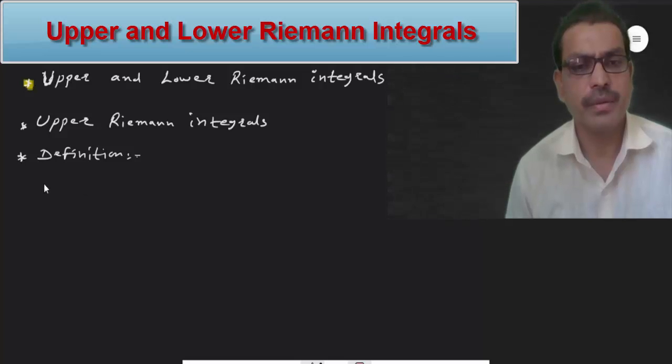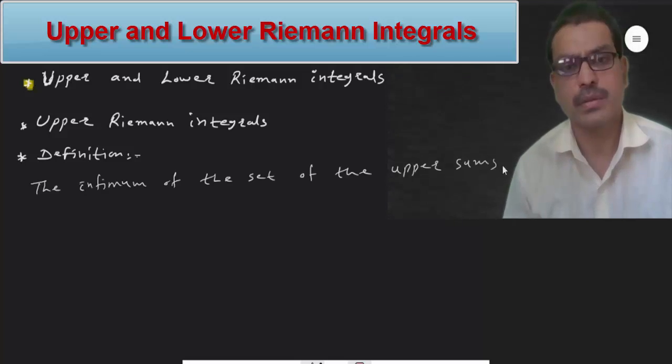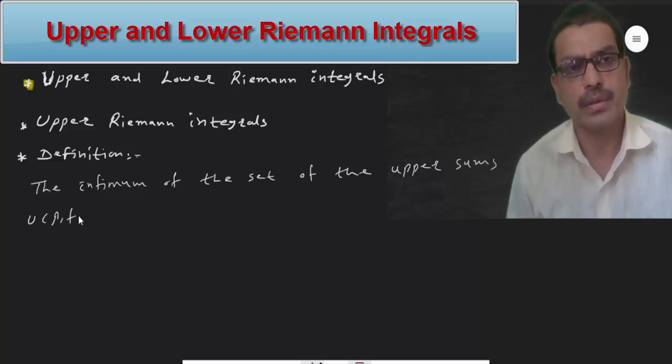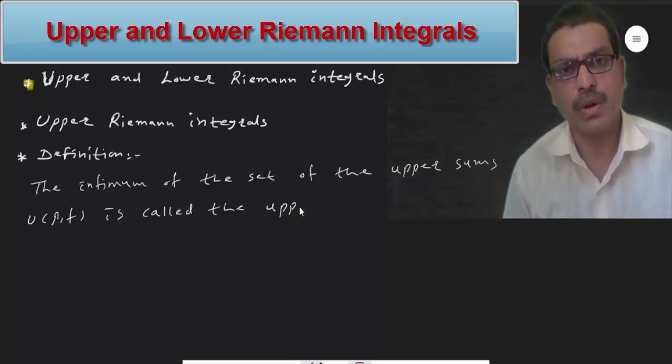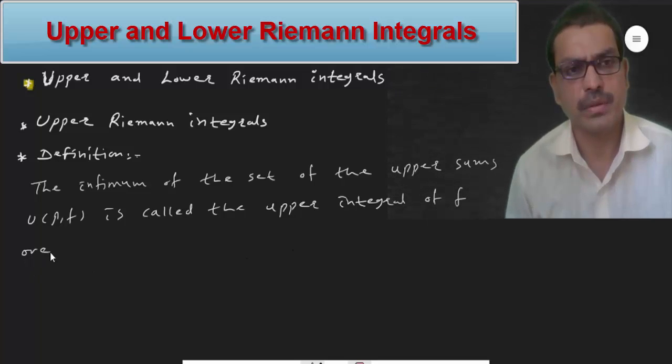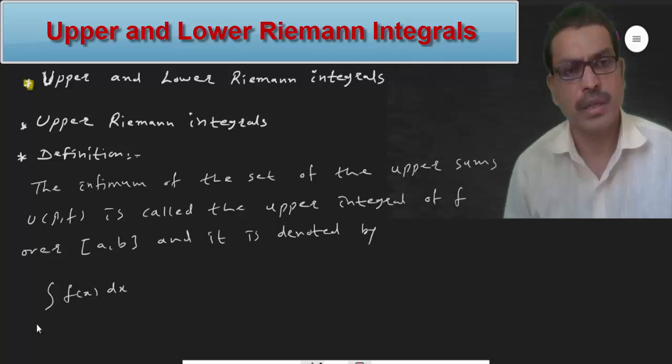Definition: the infimum of the set of the upper sums U(P, f) is called the upper integral of f over the closed interval [a, b], and it is denoted by the integral of f(x) dx over a to b, with a bar on the upper side of the integral.